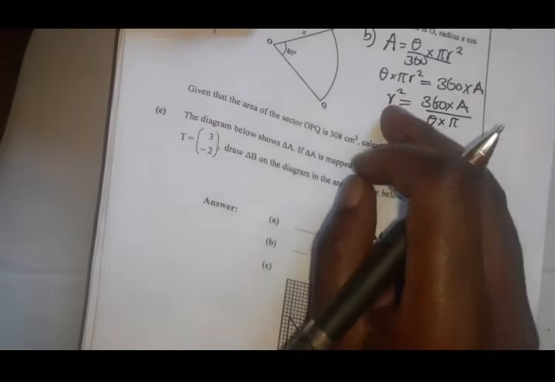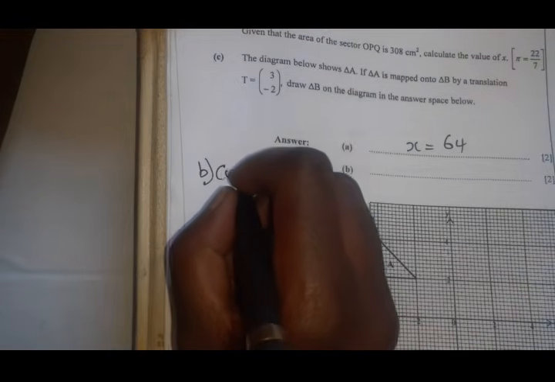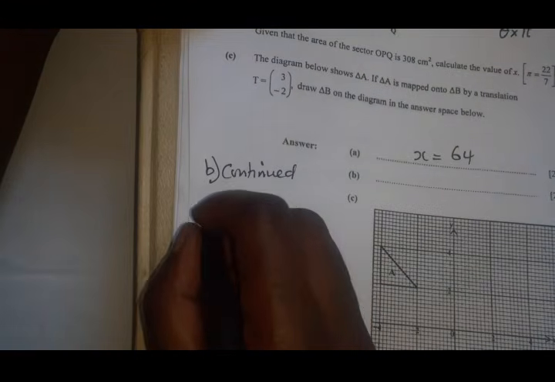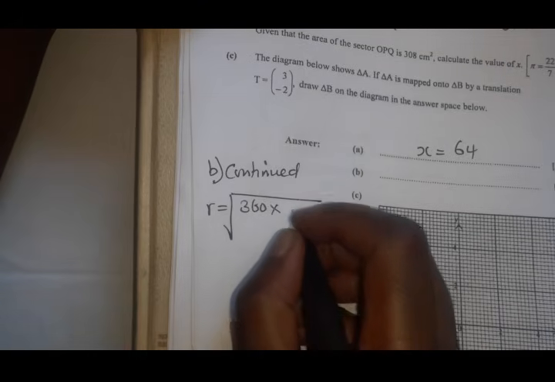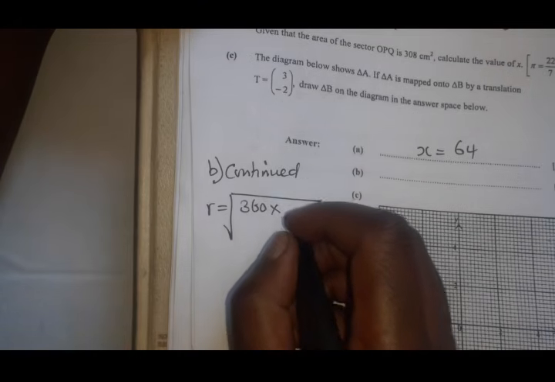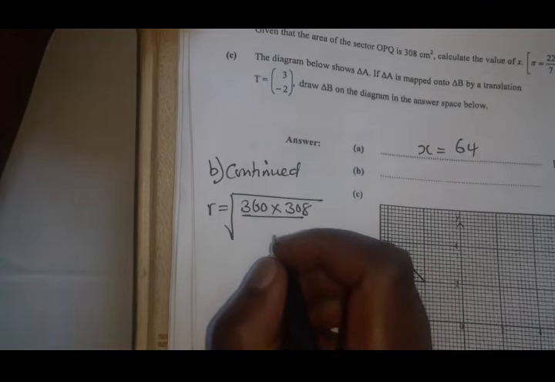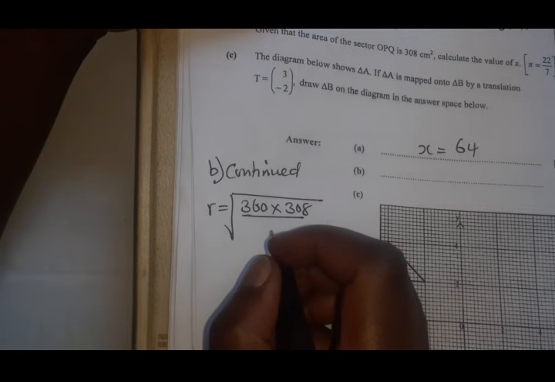Now, because r is squared, I'm continuing this part here. B continued here. Okay? So we can say r is equal to the square root of 360 multiplied by area, what is our area? 308, over, then what is our theta?